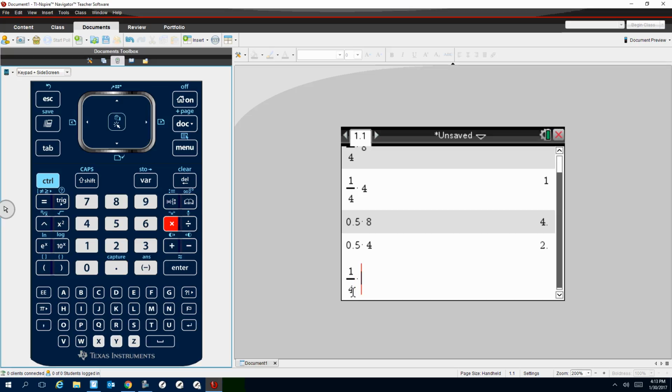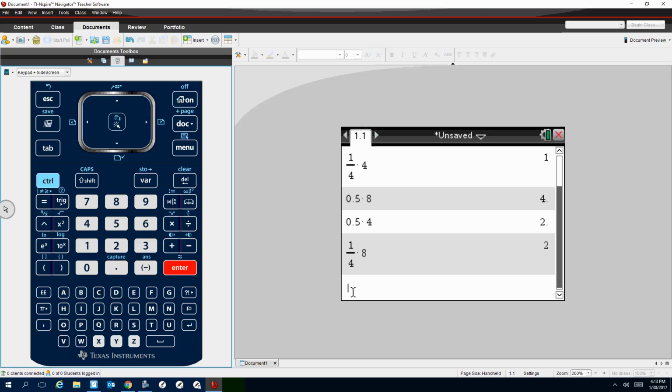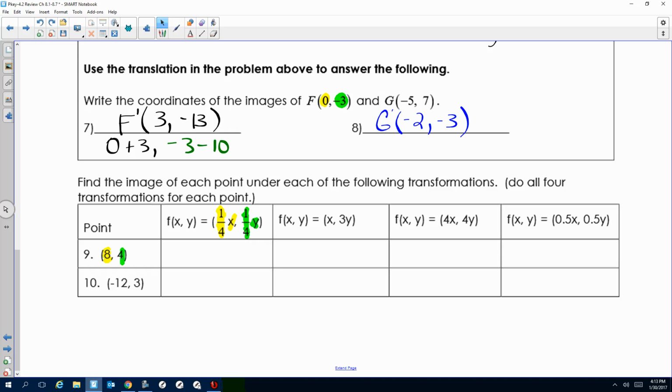So we're doing 1/4 times 8. Enter, and we get 2. Then we're going to do 1/4 times 4. And our answer was 2, comma 1.